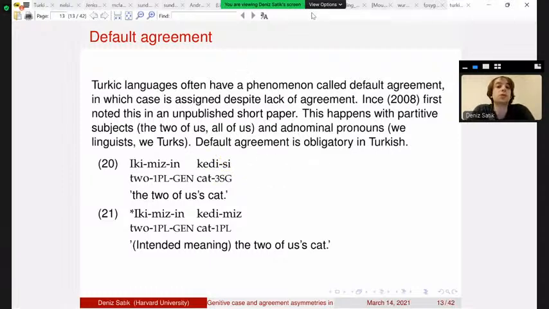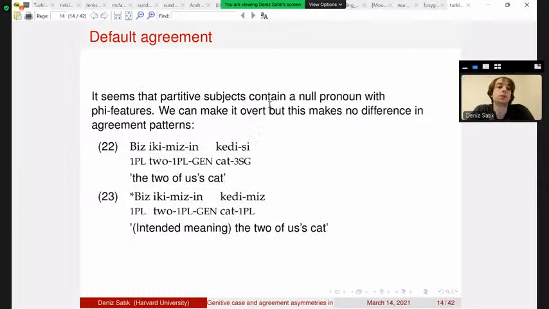What's interesting is that you can't have first person plural features on the head noun. So you can't say ikimizin kedimiz. This indicates that it seems like the genitive case is what's responsible for blocking the agreement on the head noun. So it seems that partitive subjects contain a null pronoun with phi features.